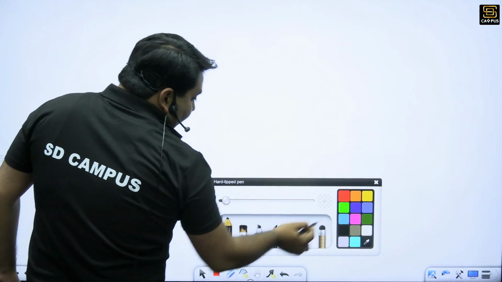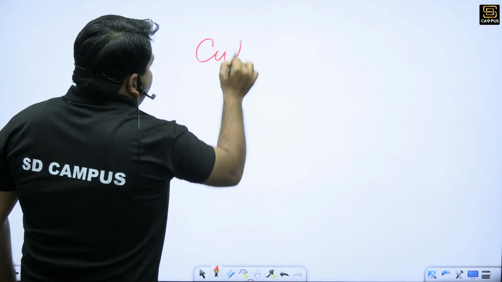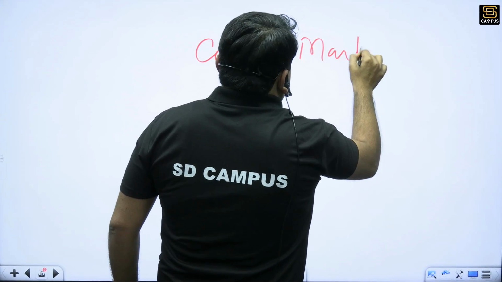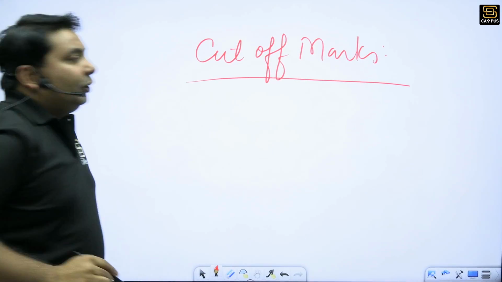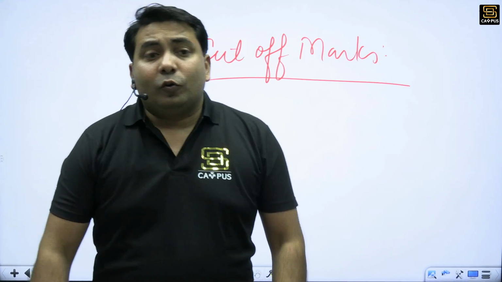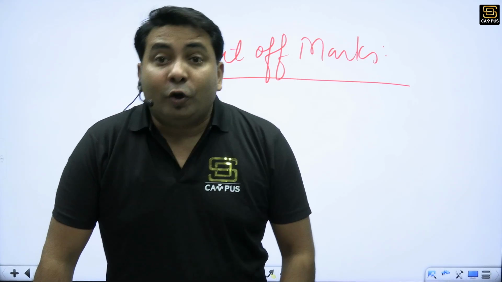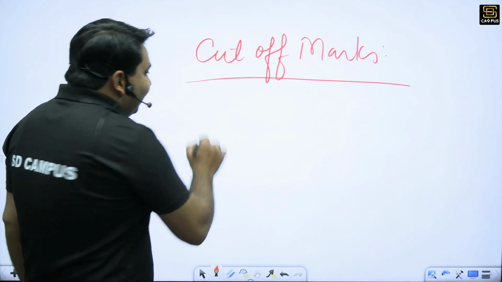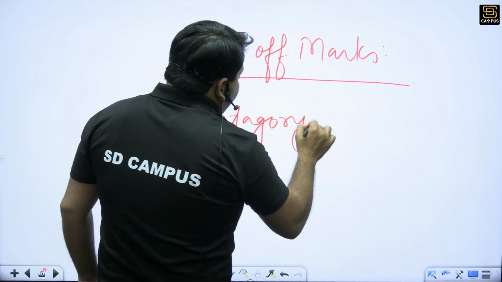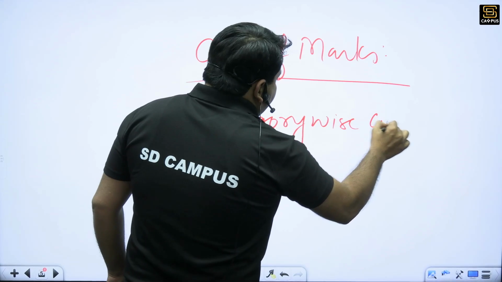You have to cross this hurdle, cutoff marks. Now if you cross this hurdle, your next hurdle is category wise cutoff.